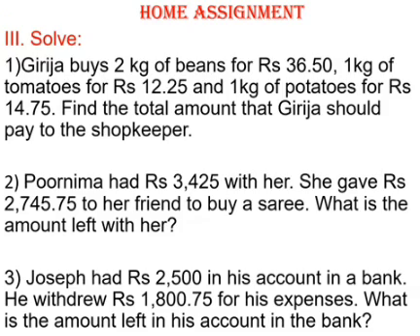In the third question, first you need to write the statements. Amount in his account is rupees 2,500, and the second line, amount withdrawn is rupees 1,800.75. Then you are going to subtract it.